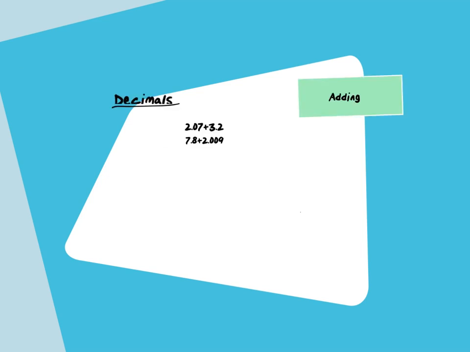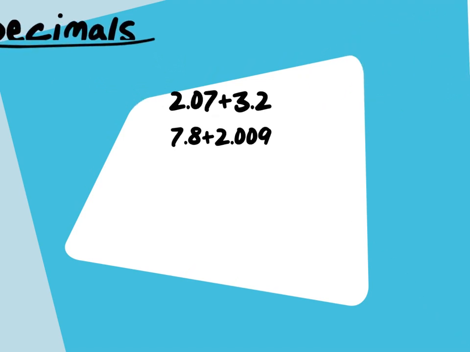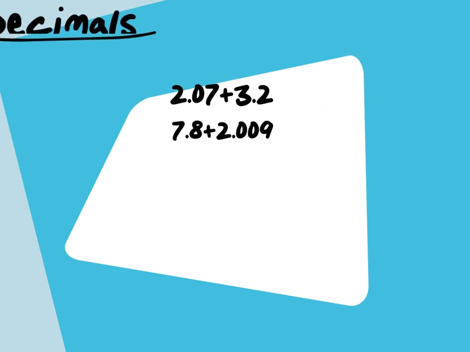Okay, let's look at our second example. What we've got here is 7.8 plus 2.009. We're going to do the same thing. We've got 7.8. Okay, this is the line where our decimal needs to always line up. And you've got 2.009.